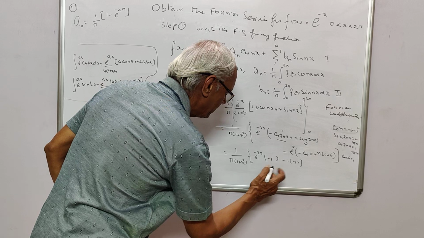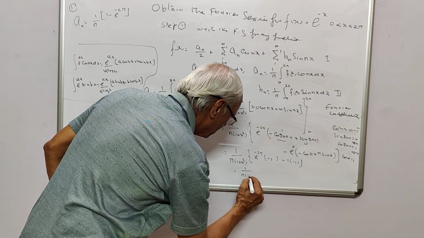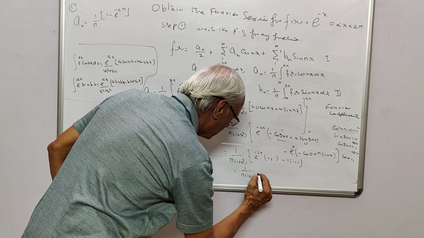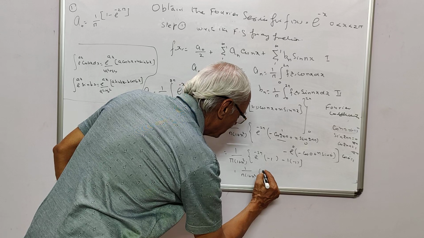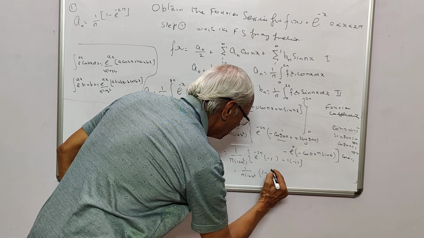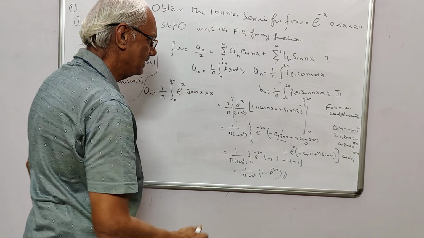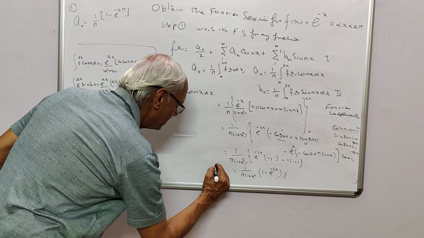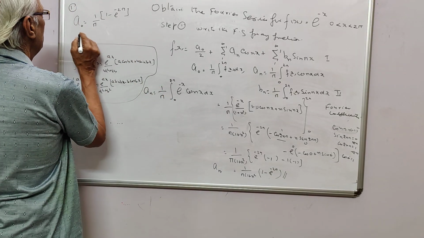So this is equal to 1 by pi into 1 plus n squared, into, since minus into minus is plus, minus 1 minus e to the power of minus 2 pi. So this is what you get. This is your value for a n. So what is your a n now?